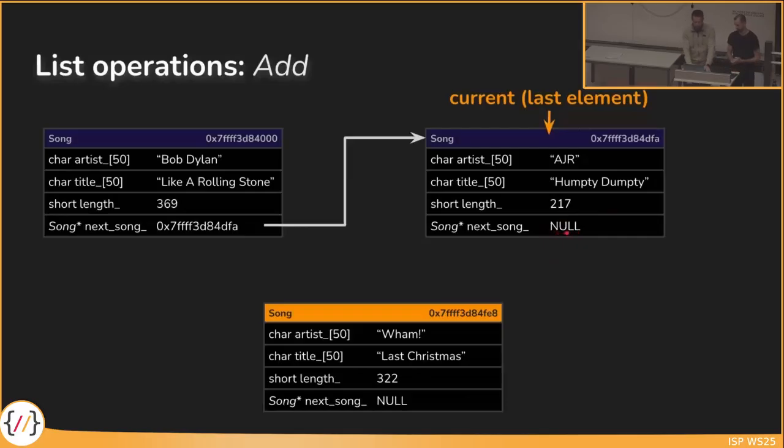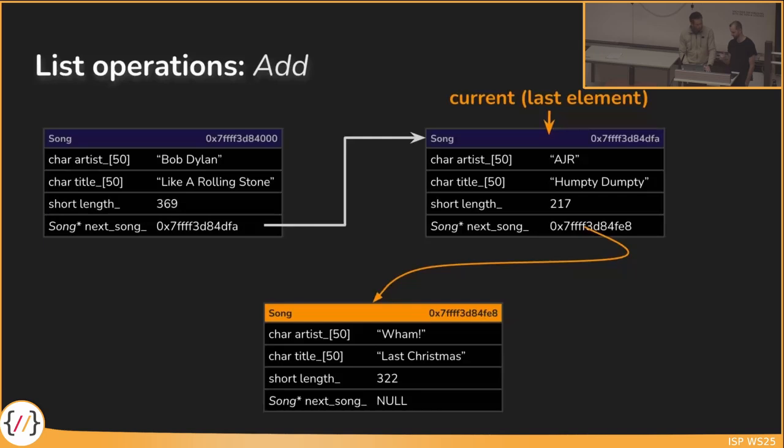And if we reach this element where the next song is null, we know it's the last one, and there we can then say this next song should now point to our newly created song. And then we have inserted this new song to the playlist, and so our playlist has one element more than before.